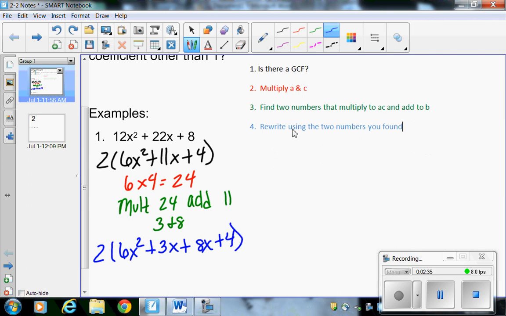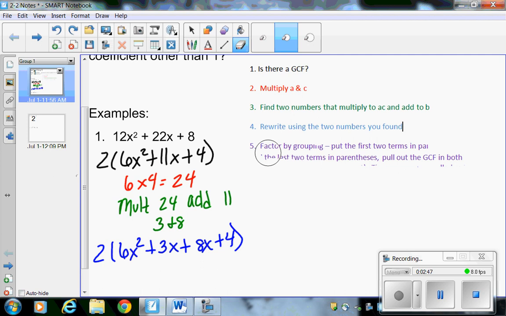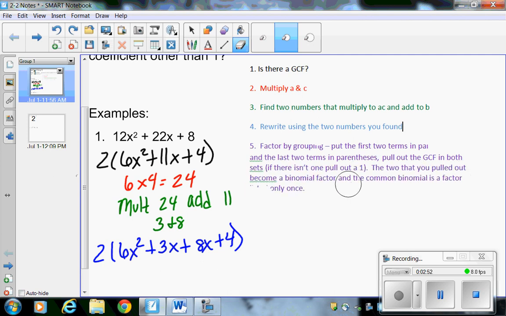And then the last step is a factoring method, which we will use a lot throughout this year, and it's factoring by grouping. So we're going to go through each of these steps so you can see what it actually means. It says put the first two terms in parentheses and the last two terms in parentheses.